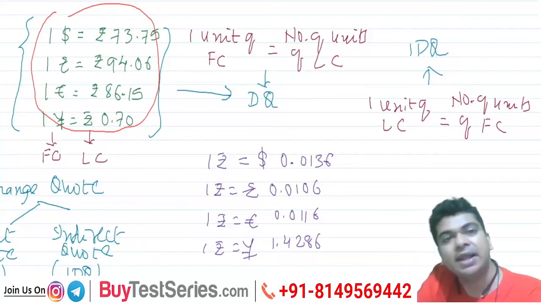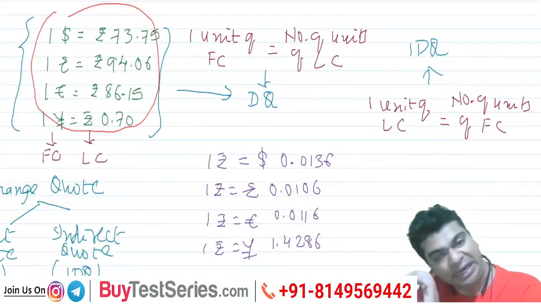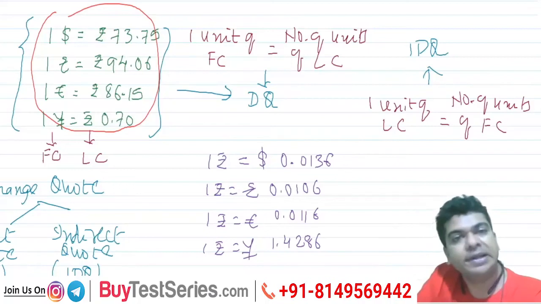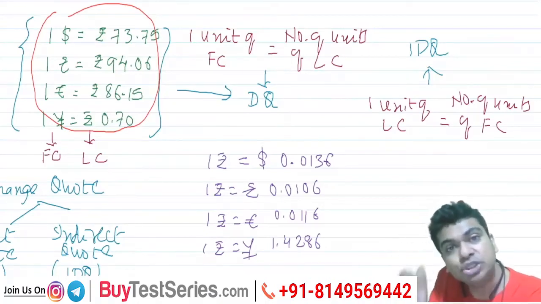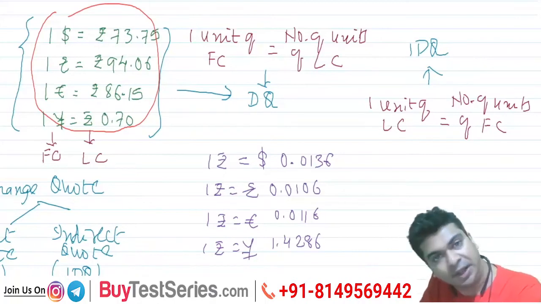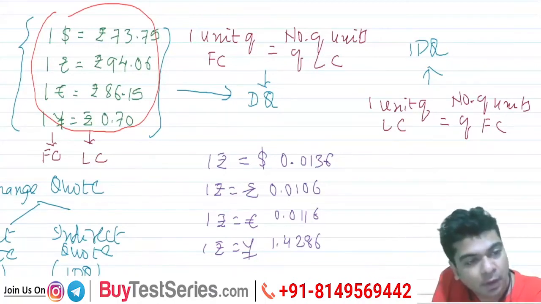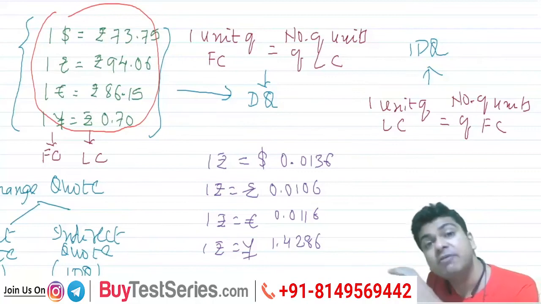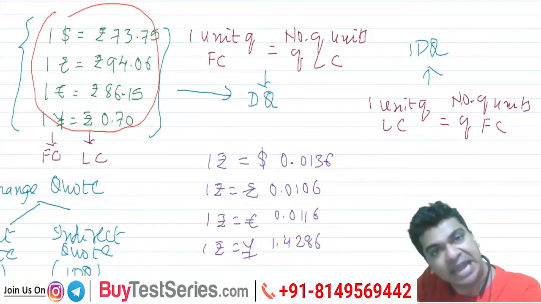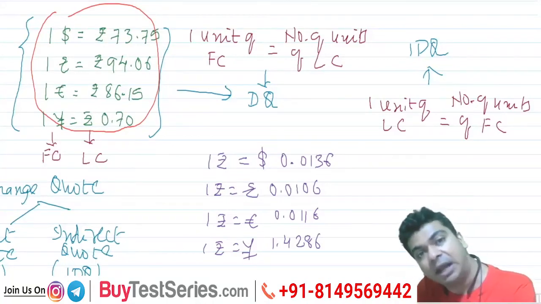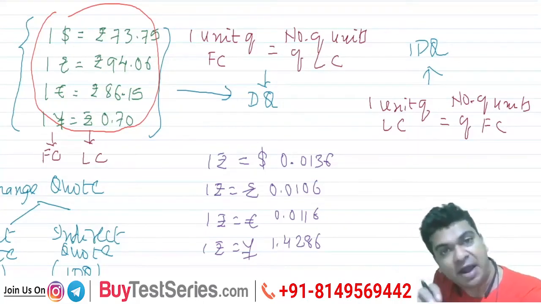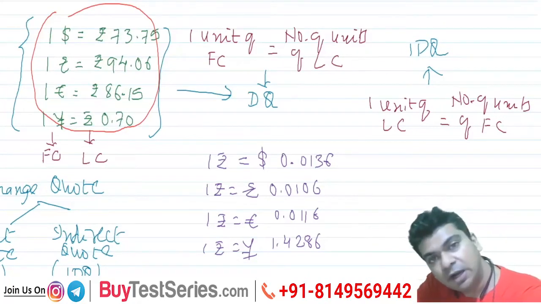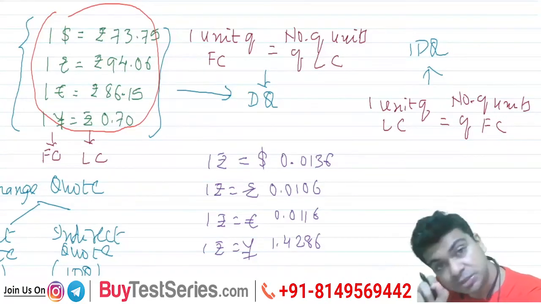RBI has made it very clear that in India we will use only direct quotation, for a very simple reason: the Indian rupee is weak against the majority of international currencies. If you see here, dollar, pound, euro, everywhere the Indian rupee is weak. Yes, yen is an exception where the Indian rupee turns out to be a bit stronger, but that's another story. As far as the major international currencies are concerned.